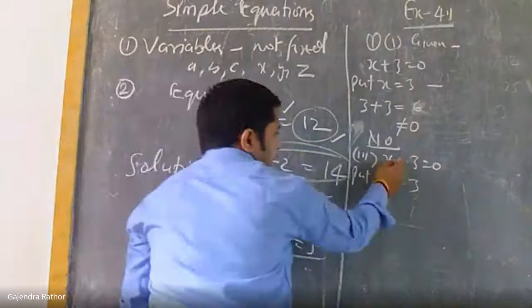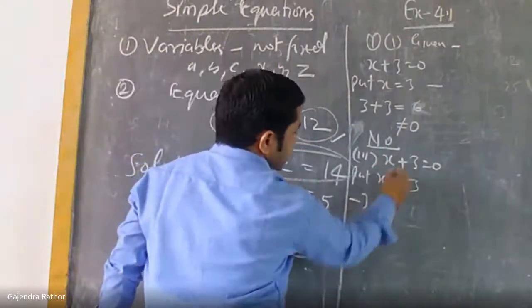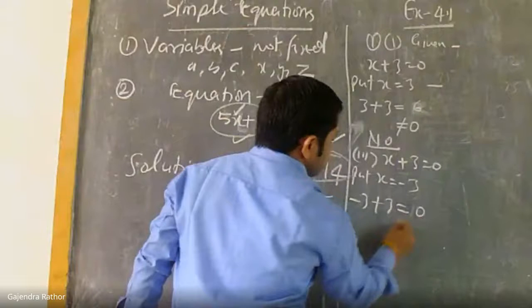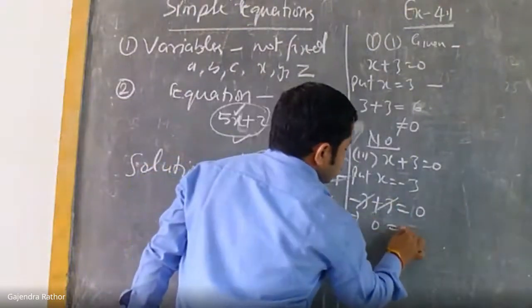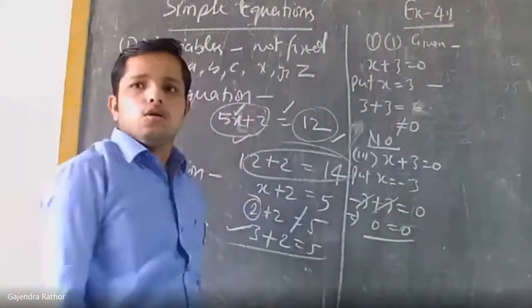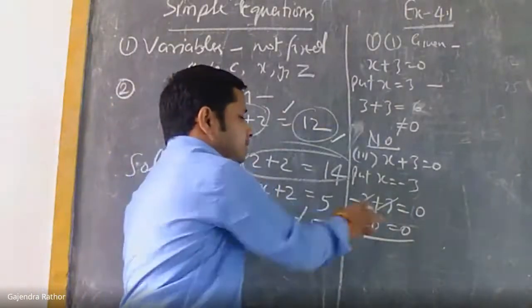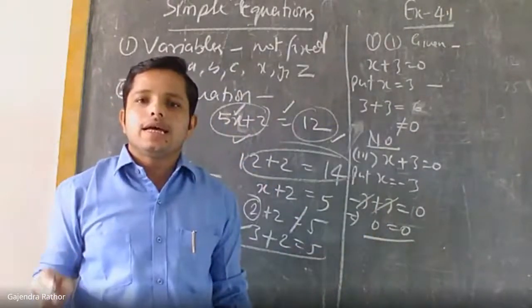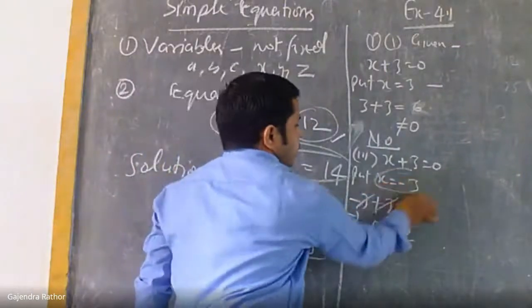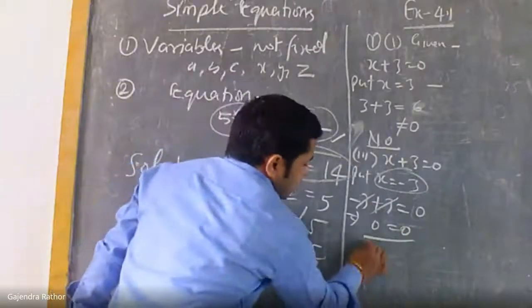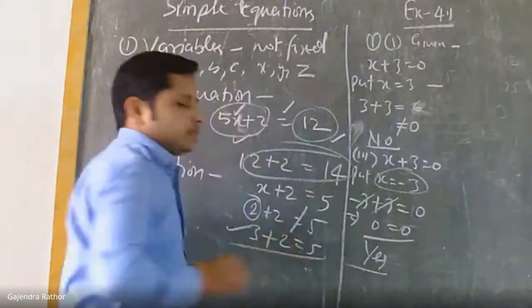Put करते हैं, minus 3 plus 3 is equal to 0. Minus 3 plus 3 cancel. 0 is equal to 0. So now the value of both sides is the same. So in this case we can say minus 3 is the solution of this equation. So our answer is yes.